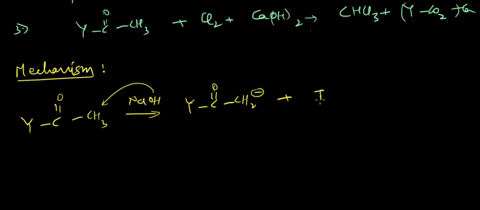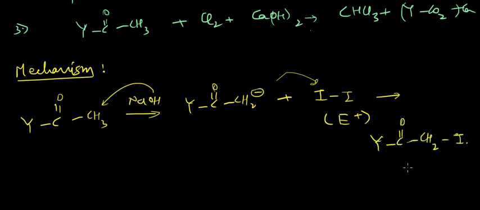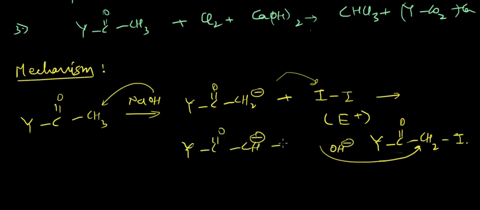This will act as a nucleophile and react with I2, treating it as an electrophile, and as a result we'll get this compound. Now on reaction with OH minus again, it will take one of the acidic hydrogens and we get carbanion again.